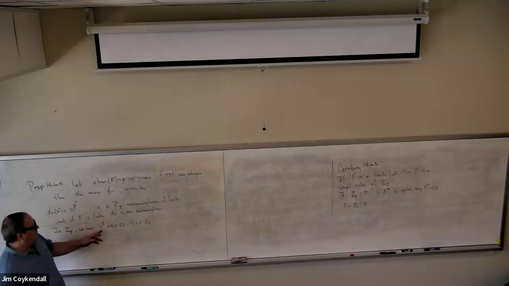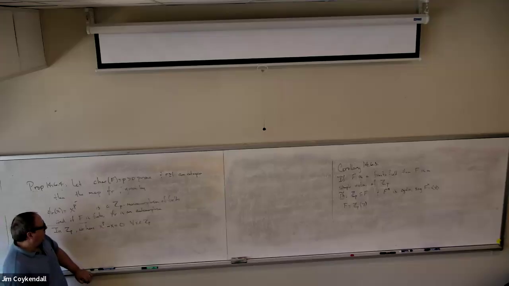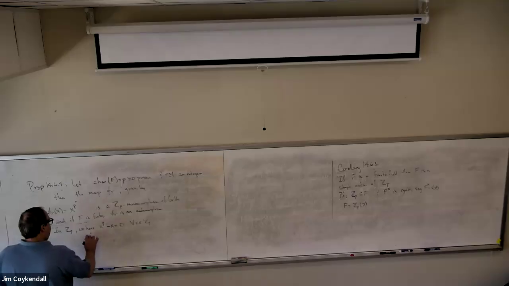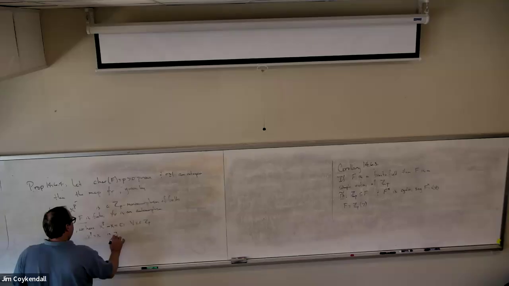Some of you might be familiar with Fermat's little theorem that x to the p minus 1 is equivalent to 1 mod p if p doesn't divide x. This takes care of the 0. But if you take anything to the p power mod p, you get this. And so in particular, x to the p is x in Zp.